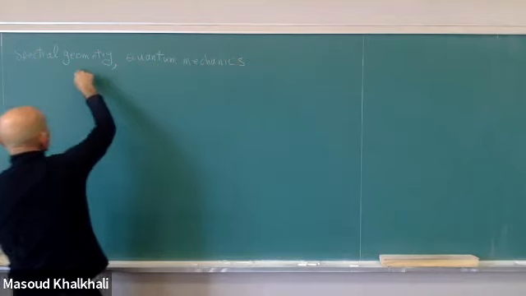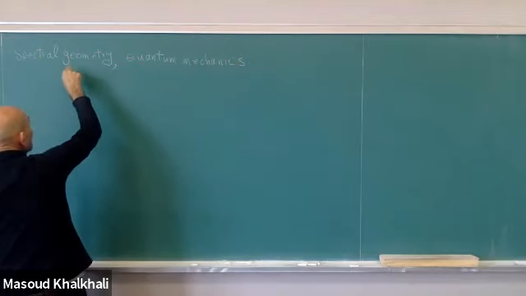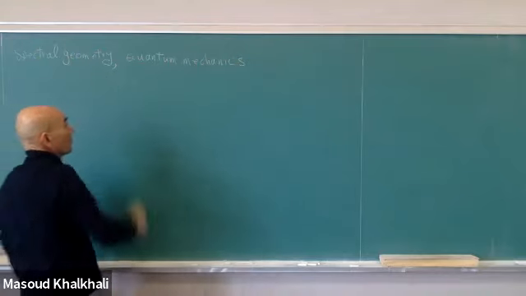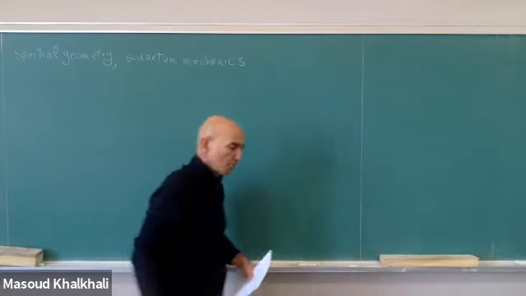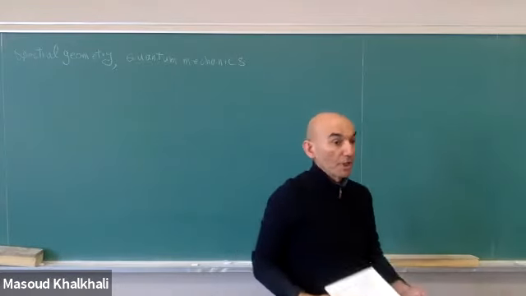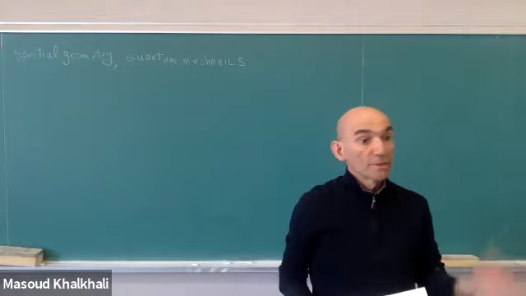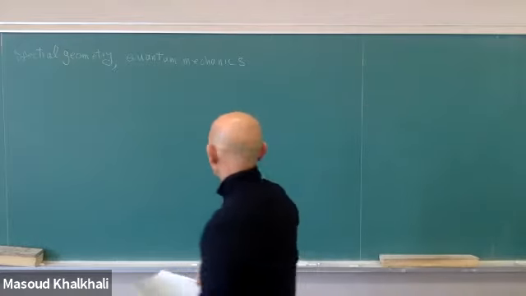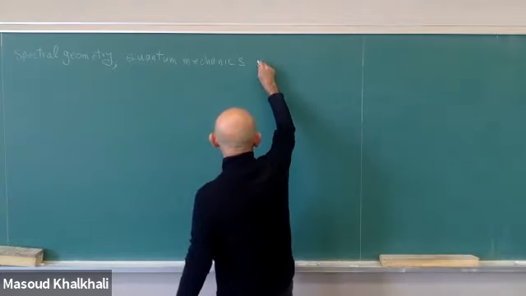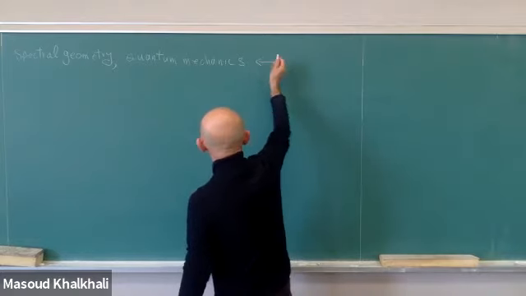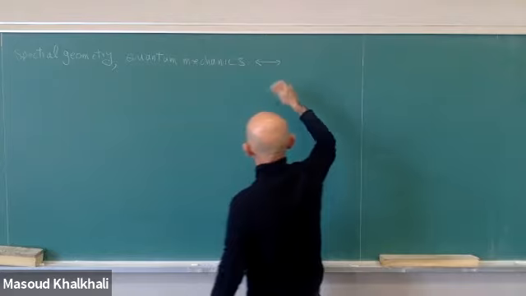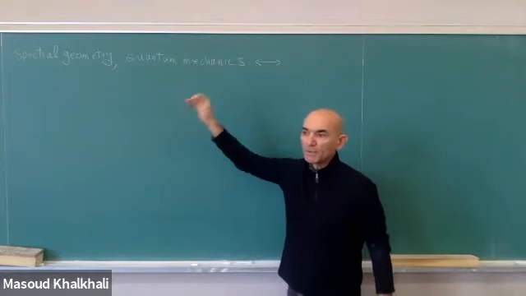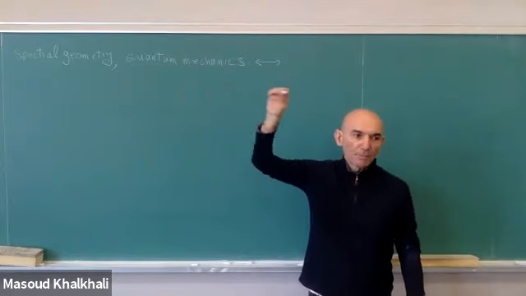If you notice the relation between spectral geometry and quantum mechanics, then you also notice that there is a relation between quantum mechanics and classical mechanics. They are related through principles like the correspondence principle and semi-classical approximation.